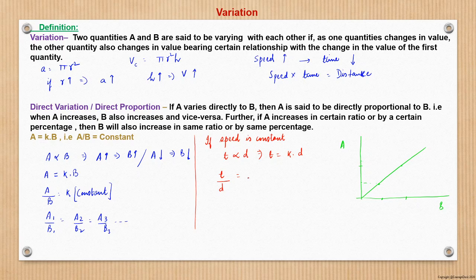So t by d will be constant k. It means that if, suppose initially, t1 time was taken to cover d1 distance, then at the same speed t2 time is taken to cover d2 distance, so these two will be the same. If the speed is constant, then t1 by d1 will be the same as t2 by d2.